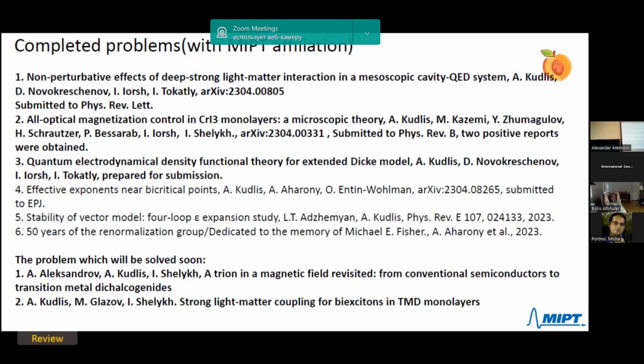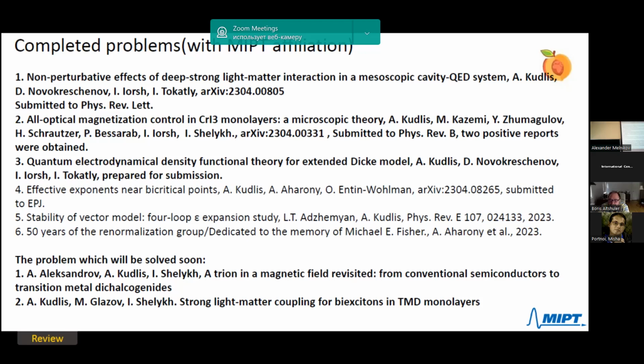And of course, it is connected with critical phenomena, with critical behavior theory. And as Professor Altshuler asked me, stop doing epsilon expansion stuff. Okay, I did it, but I should also finish this stuff.